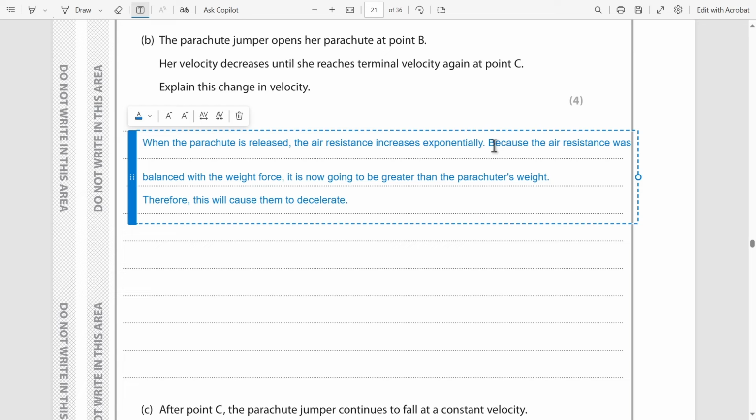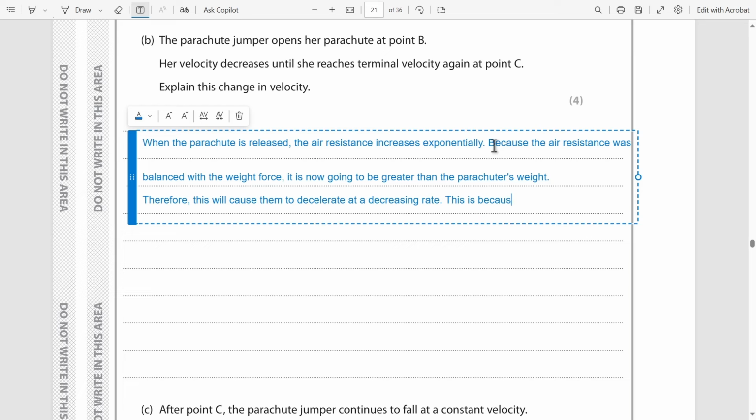So if they're going to go slower, because they're going to start going slower though, guys, because the air resistance is basically accelerating upwards now. So they will slow down at a decreasing rate.